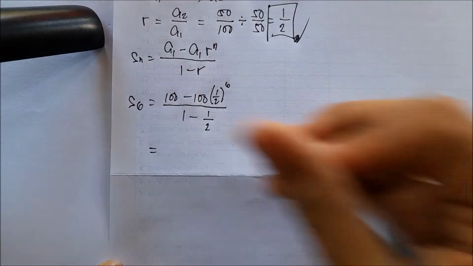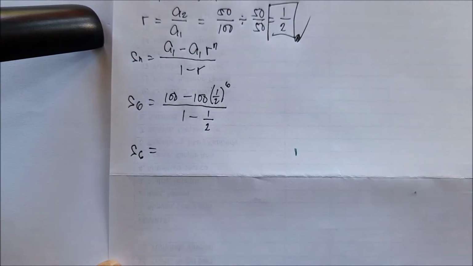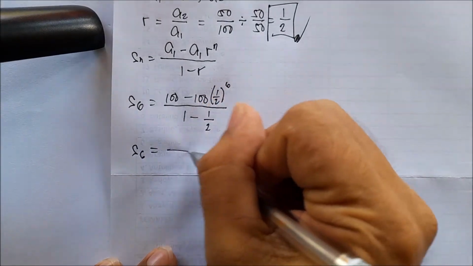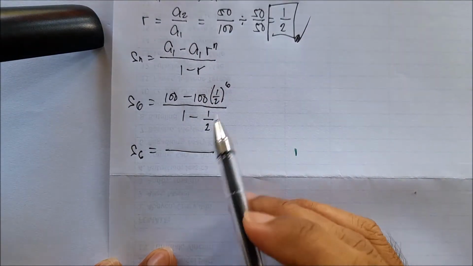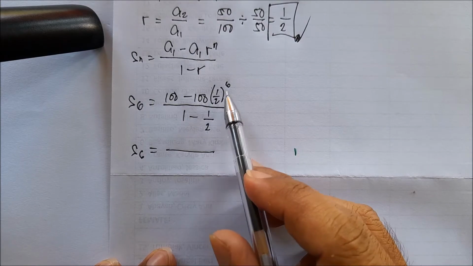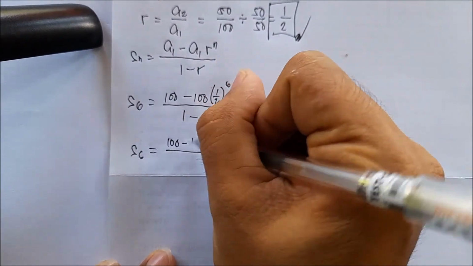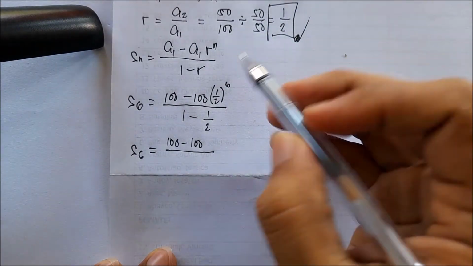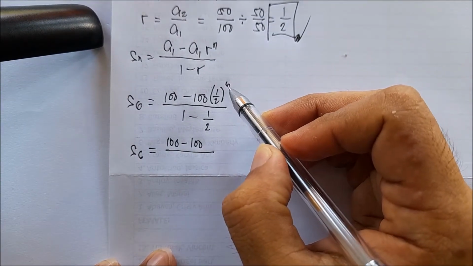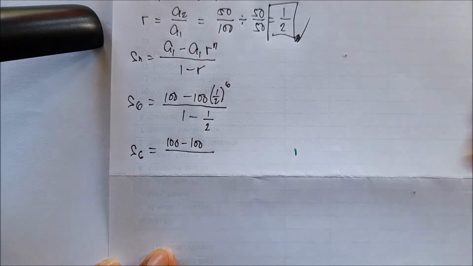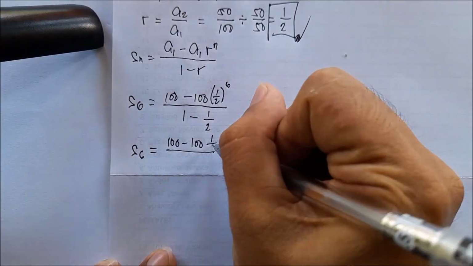Continue. S sub 6. First you will do is to solve the 1/2 to the power of 6. One half to the power of 6 is equal to 1 over 64.